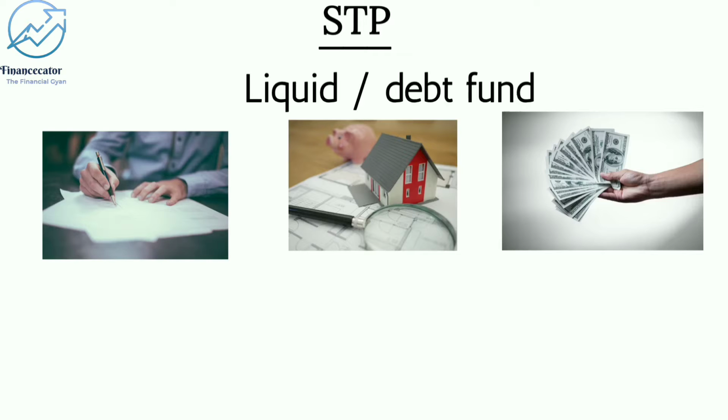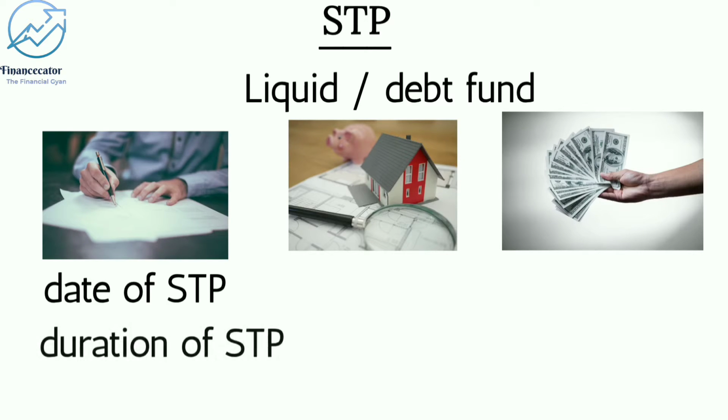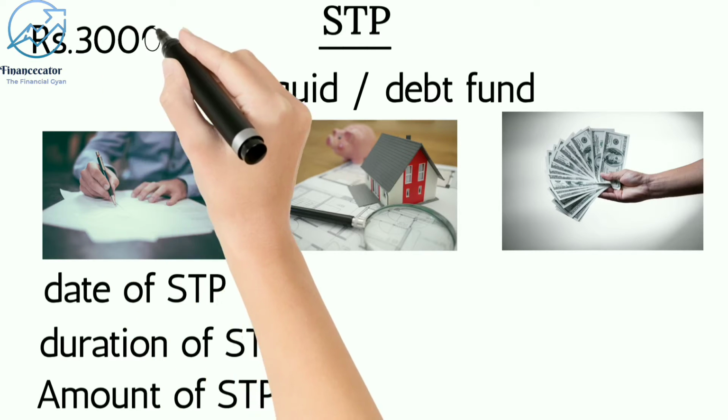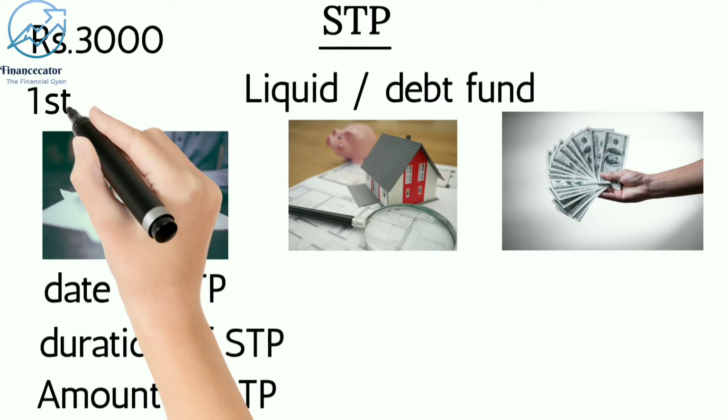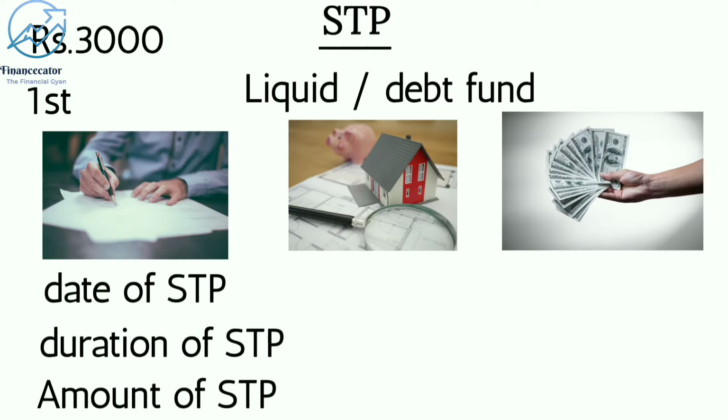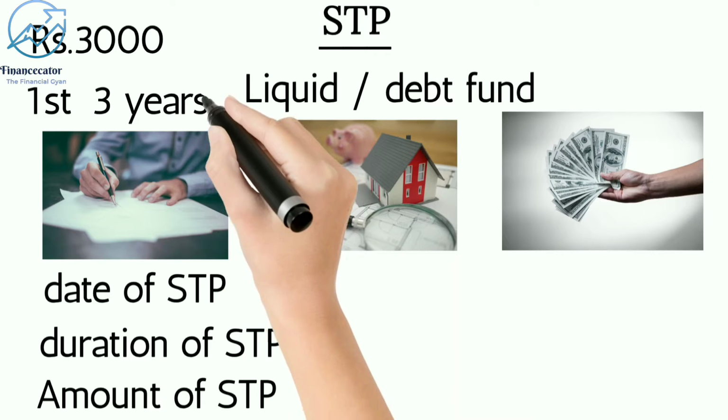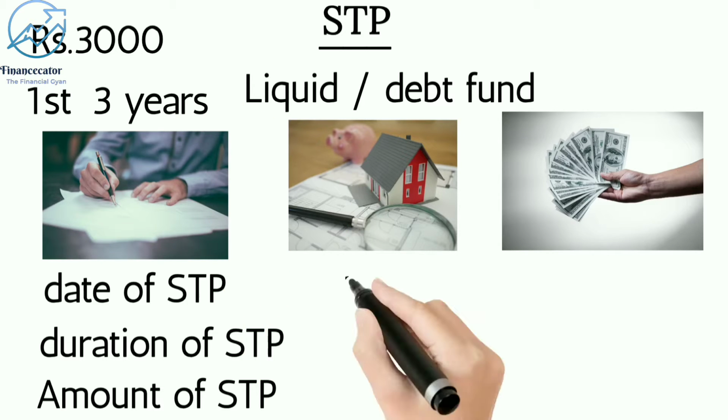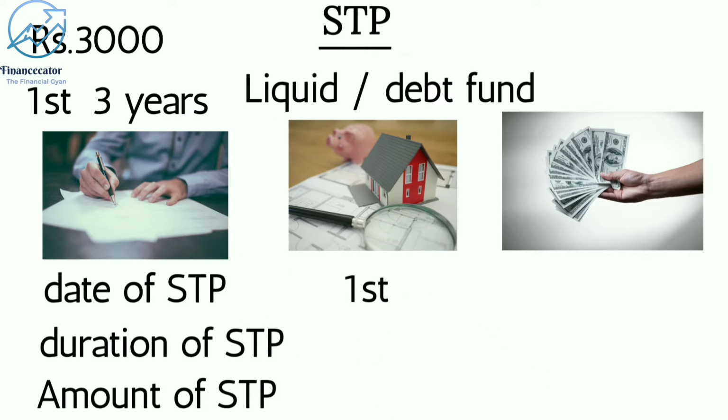In the STP form, you will have to mention the date of STP, duration of STP and the amount of STP. For example, you want to transfer 3000 rupees on the 1st of every month, that too for 3 years. Here, the date of STP will be the 1st of every month, the duration of STP will be 3 years and the amount of STP will be 3000 rupees.